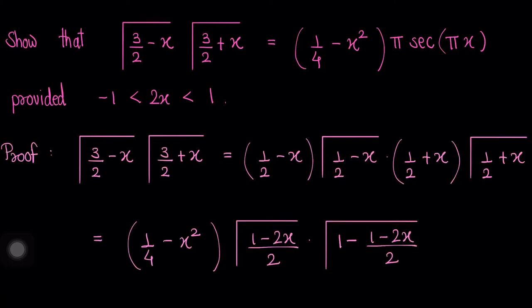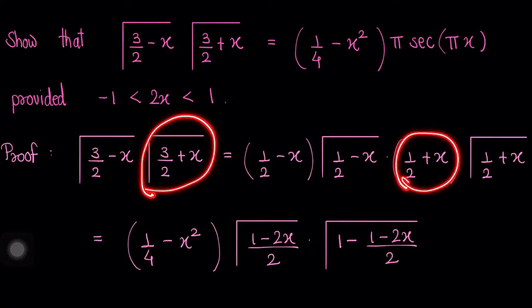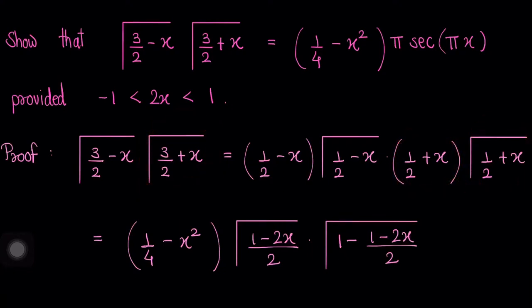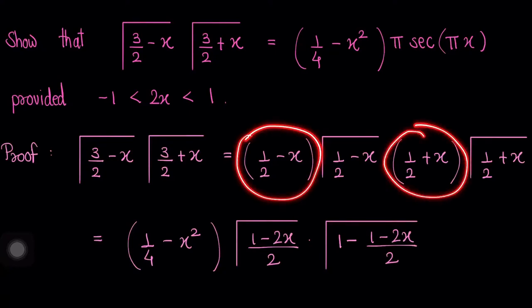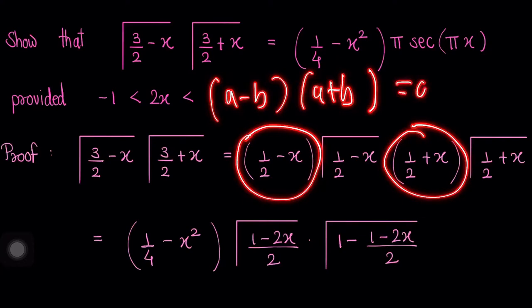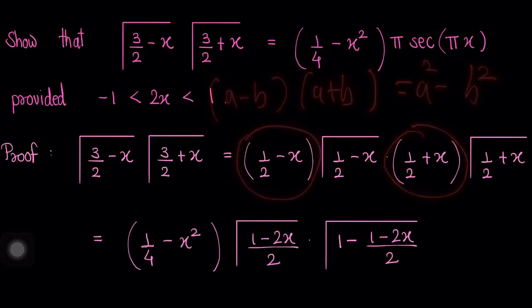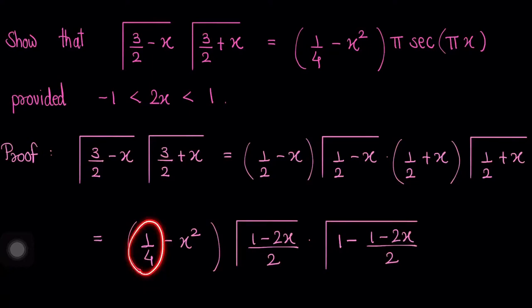And similarly, if we use that same formula for gamma of (3 by 2 plus x), this can be written as (1 by 2 plus x) gamma of (1 by 2 plus x). Now (1 by 2 minus x) into (1 by 2 plus x), that is (a minus b) into (a plus b), that is a square minus b square. So 1 by 2 square is 1 by 4 minus x square. So multiplying these two, we have 1 by 4 minus x square.